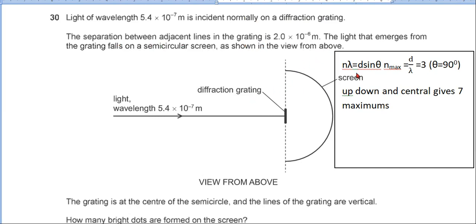Here we use the formula n lambda equals d sine theta, and we take the extreme value of 90 degrees, so sine will be 1. As a result we get 3. So 3 above, 3 below and 1 central makes 7.